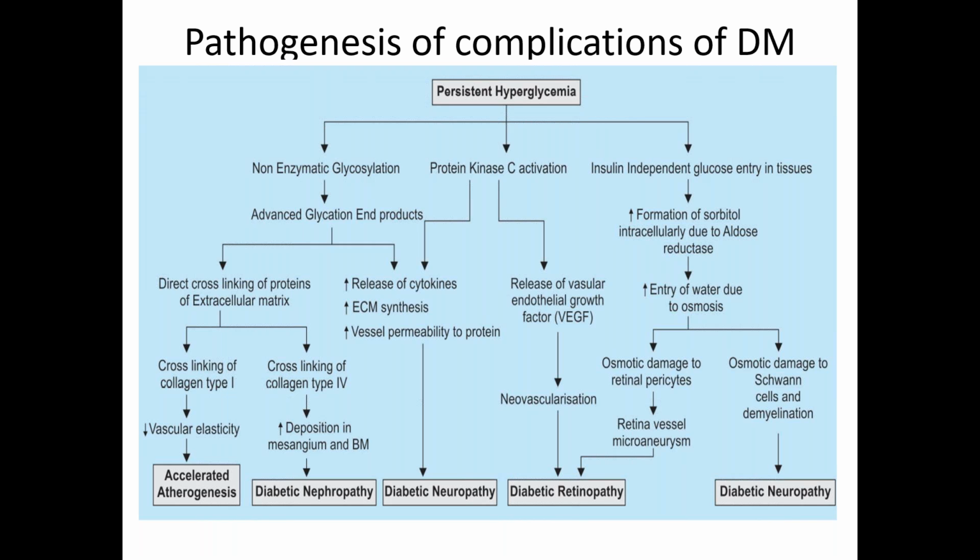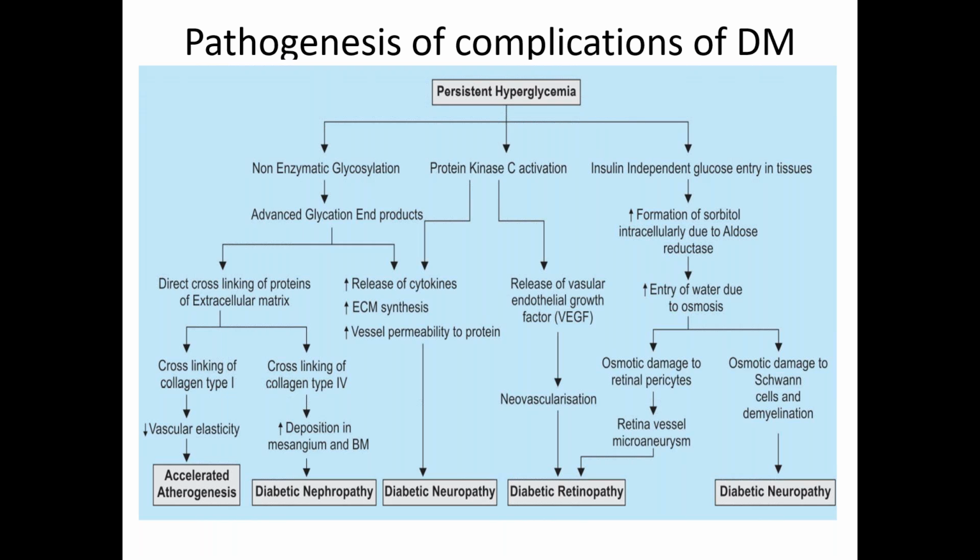And the same glycation end products are not readily degraded, and there is no turnover, so they are permanently causing changes in the structure and functions of the extracellular matrix. So that is the basis for a number of complications and increased vascular permeability to the protein, which causes diabetic neuropathy, retinopathy and other things.